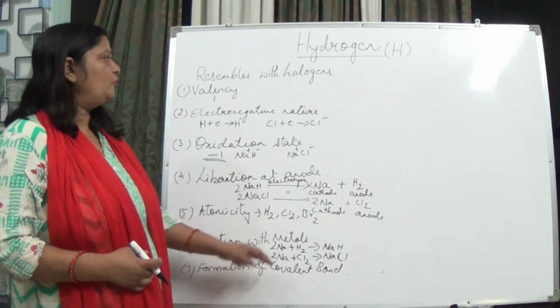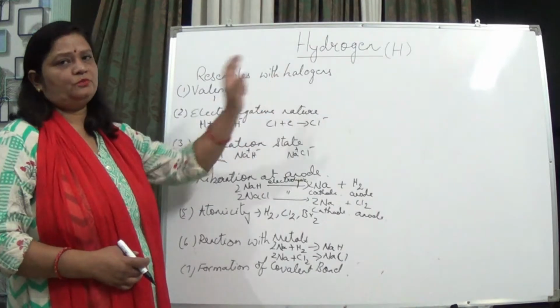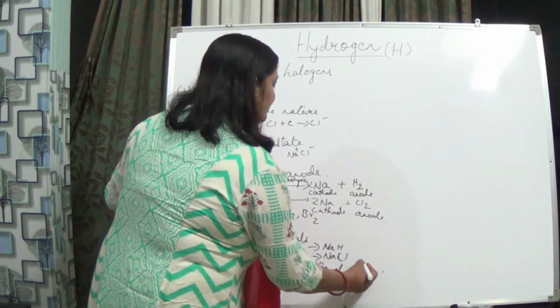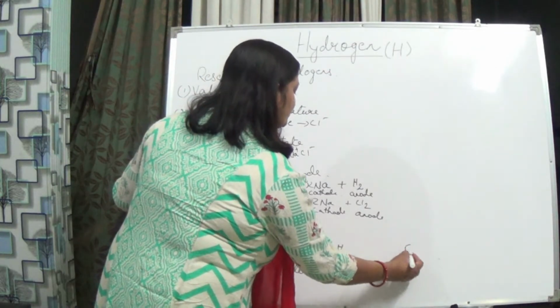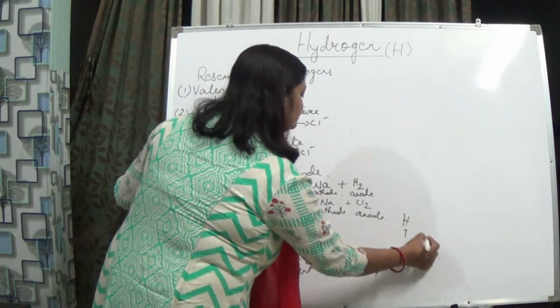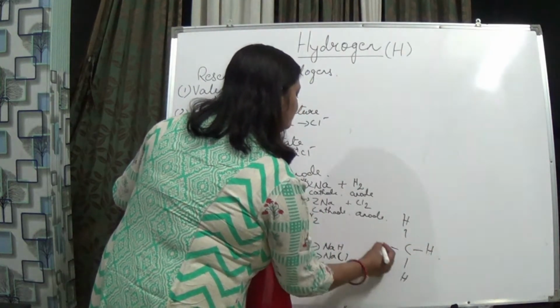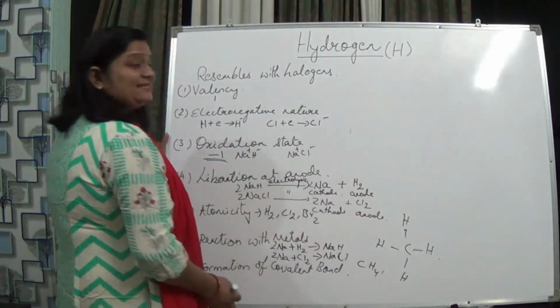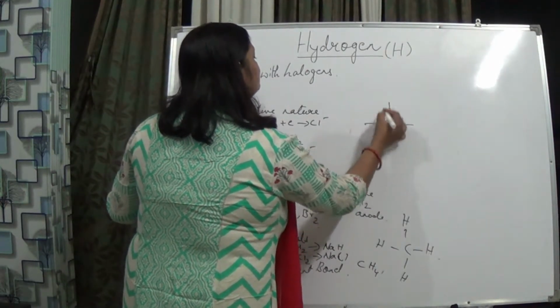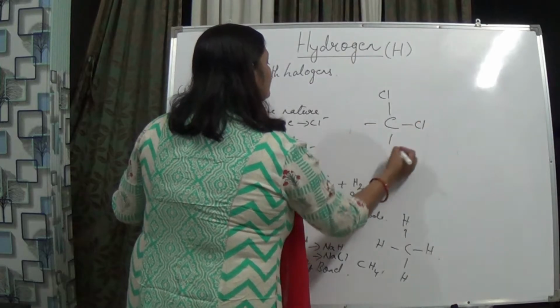Now, formation of covalent bond. Hydrogen and halogens both form covalent bonds. For example, methane, CH4, has a covalent bond, isn't it?